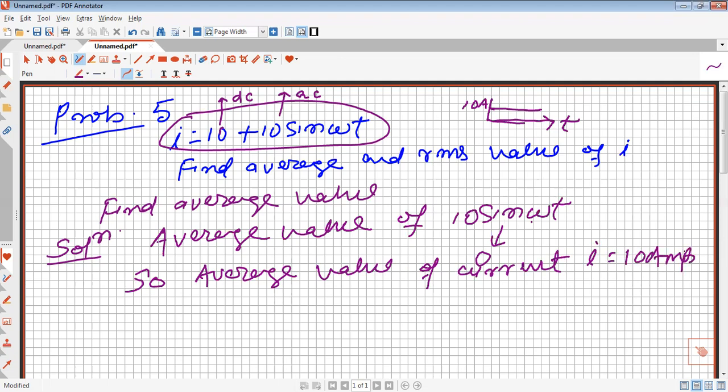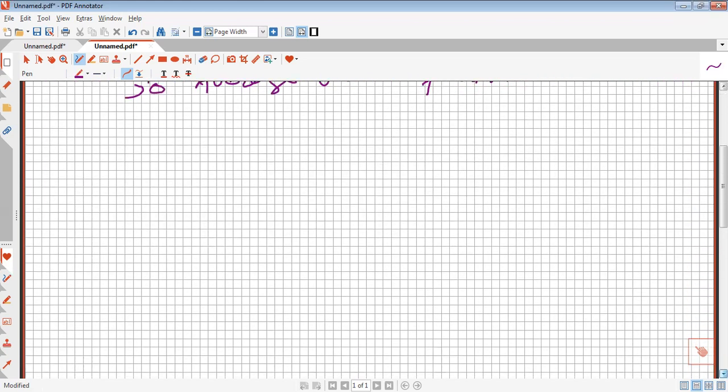Now we have to find the RMS value. How will we find the RMS value? Our definition for the RMS value is like this. We have to find I RMS, the root mean square value.